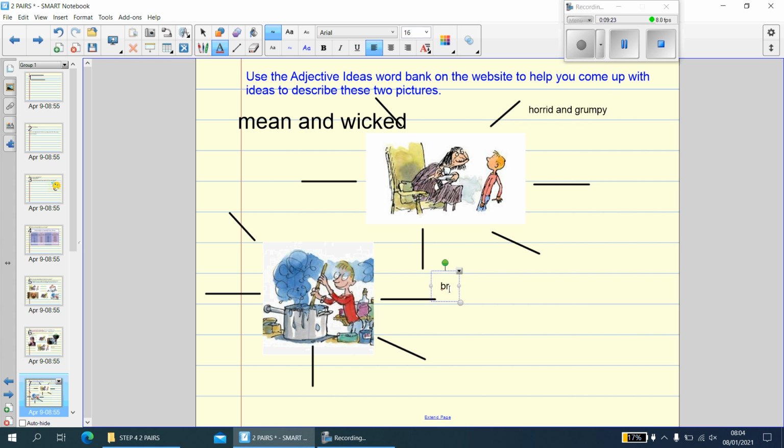So for George, I might have brave and determined. Okay, or we could have cunning and smart. Maybe it's quite smart to try and trick his grandma. So please have a go at writing them in pairs to save us some time later. Pause me here whilst you have a go at that and then press play when you're ready to move on.